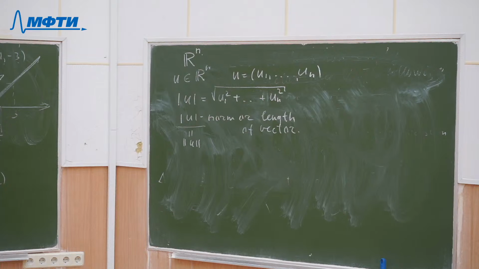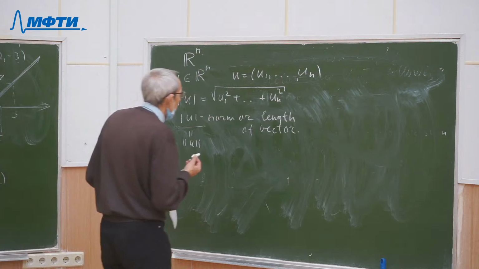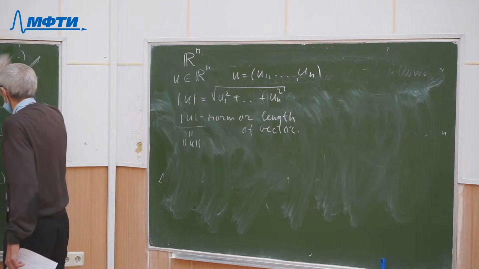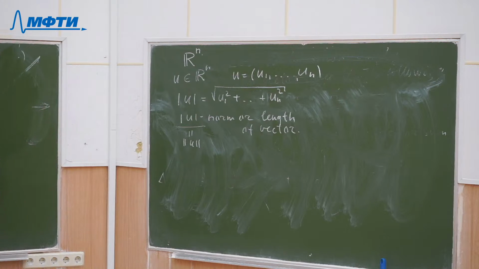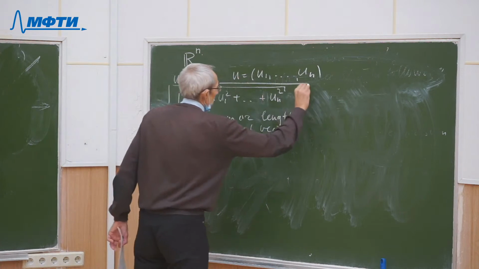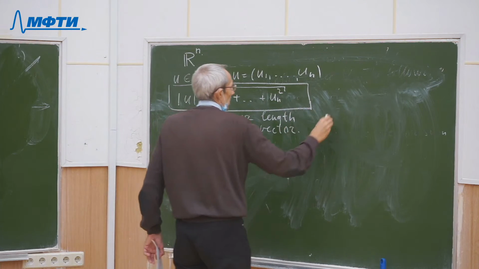First of all, let's prove some properties for the length which is defined by exactly this formula, and let's formulate these properties for the distance which is defined exactly by this formula.